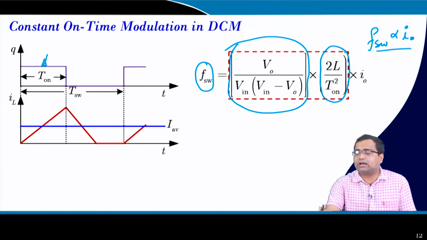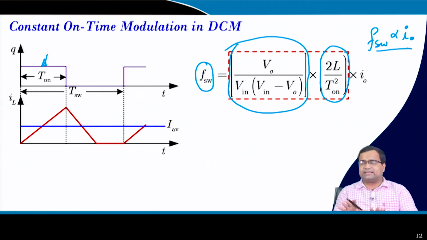That means if the load current decreases, your switching frequency decreases. As a result, your switching loss decreases, and this technique is very popular in commercial products where they move to PFM when you go to light load operation.